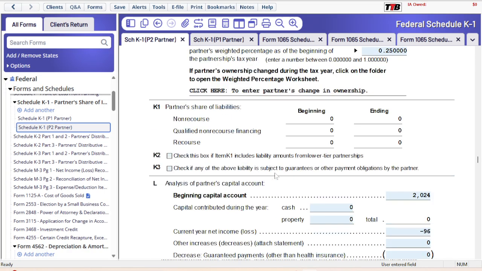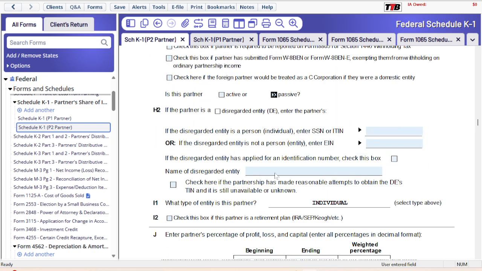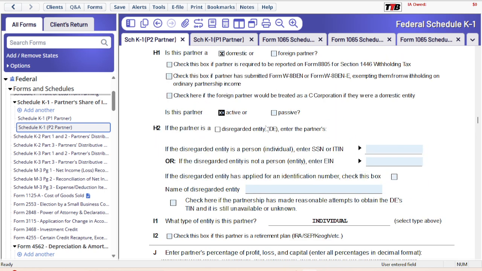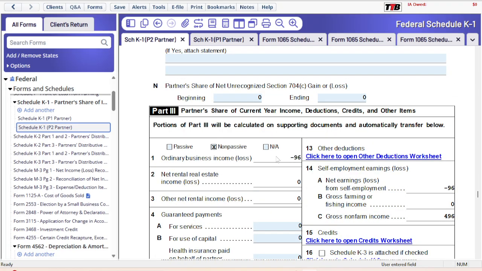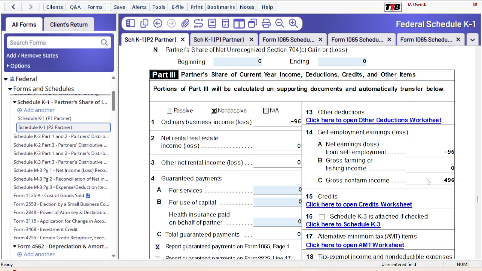So if we go back and we check that this person is active, and we come back down here, it is moving it to non-passive for us, and you see there is a self-employment information required for that person, because if there is a profit, there will be a self-employment payment to make on that profit. And so self-employment earning or loss will be here.